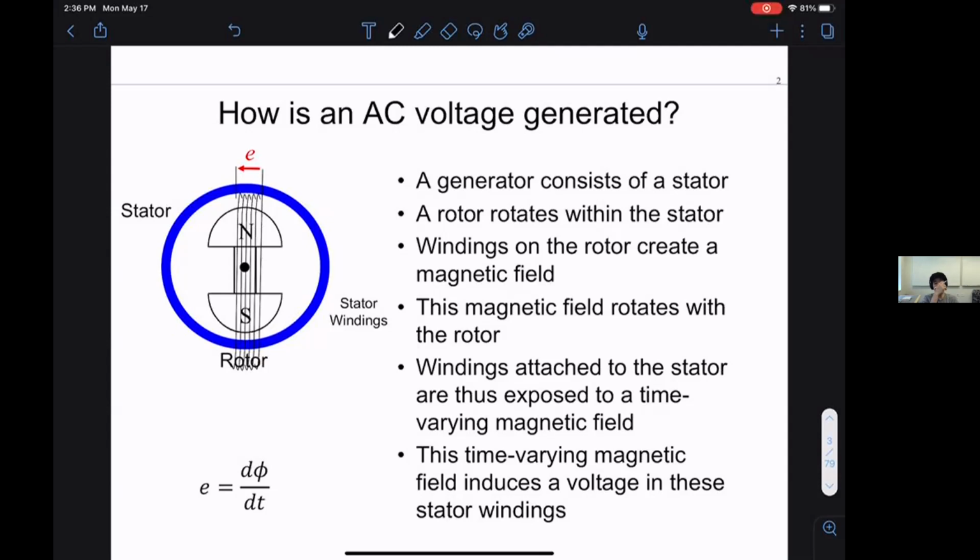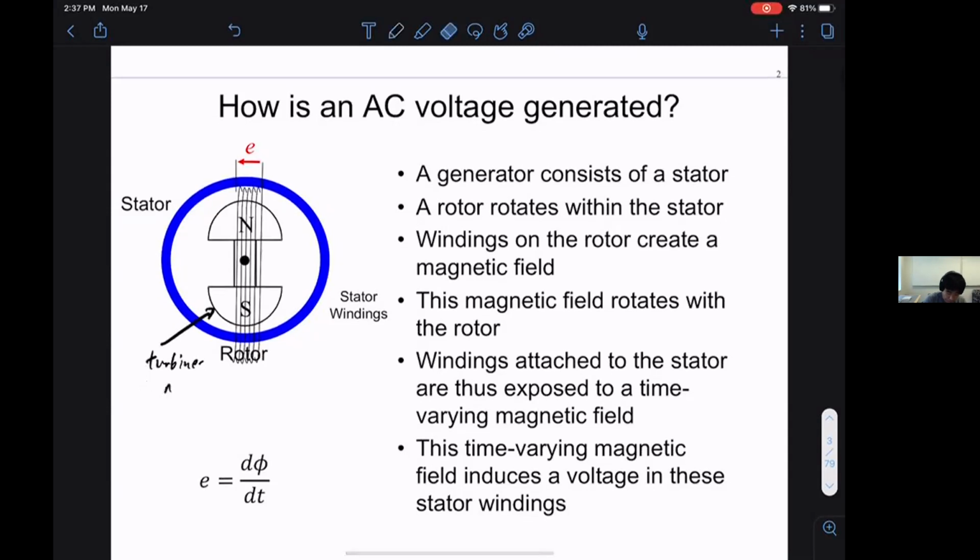Okay, so this is our picture of generation. When we talk about turning a turbine, we're talking about a turbine turning a generator. What happens is this gets turned by a turbine.